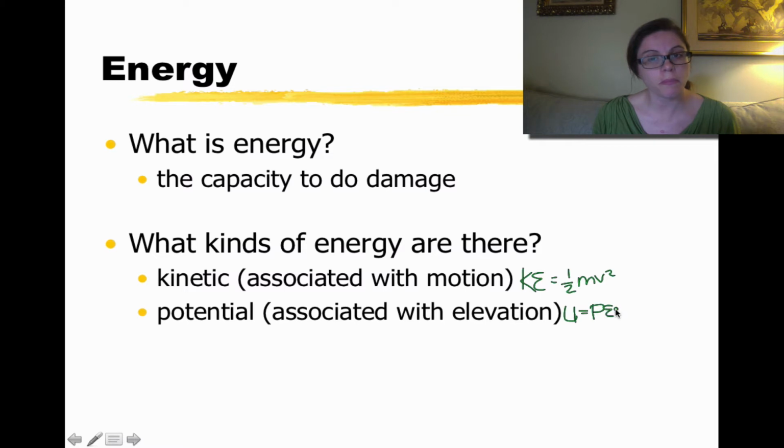I tend to use PE for potential energy. Both are perfectly acceptable. It's going to be equal to mg times your y coordinate, mgy. So we're going to look at these two and see how to use them in an example problem.